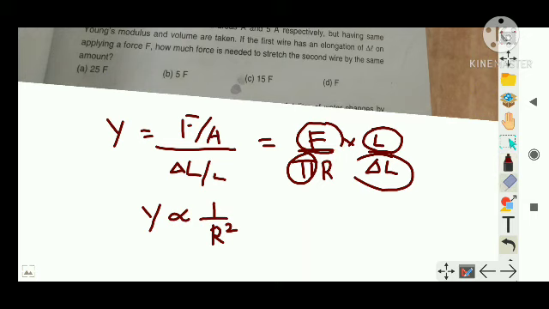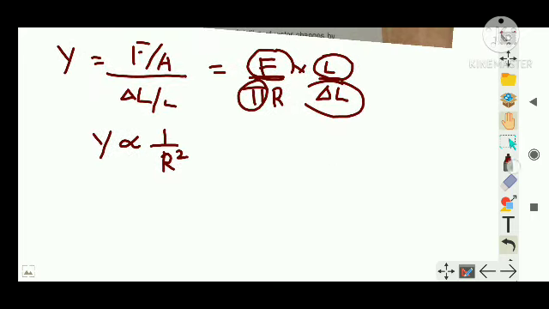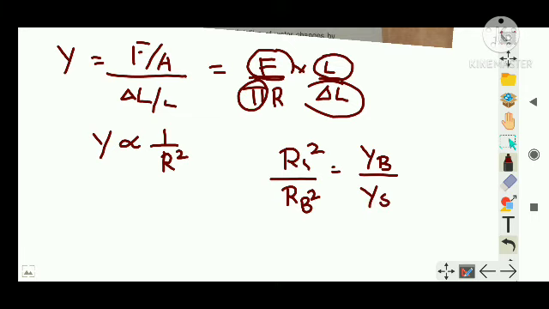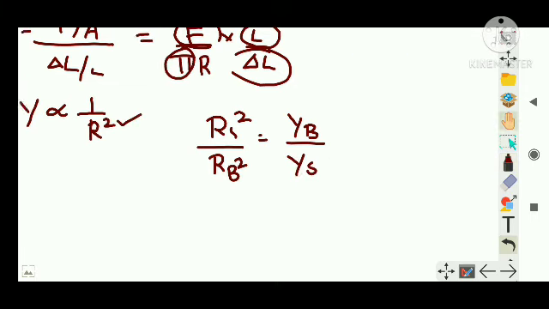In this case, let us talk about brass and steel. So steel's radius squared by brass radius squared is equal to Young's modulus of brass by Young's modulus of steel, as per this equation.